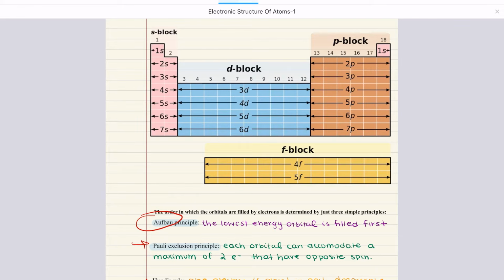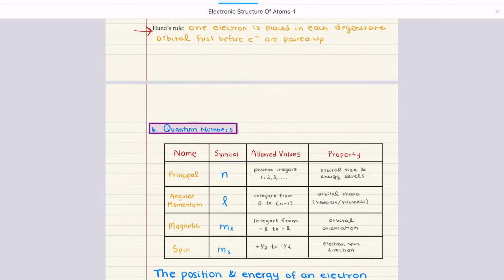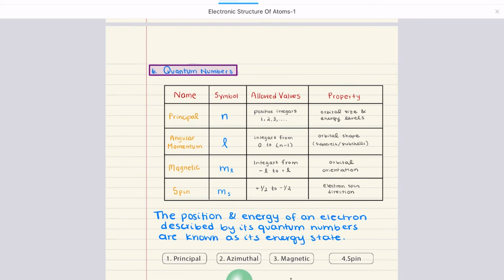But what we want to do now is move into our 6th objective and discuss the 4 quantum numbers: principal, angular momentum, magnetic, and spin. Let's start with the principal quantum number. This defines the size and energy level of the orbital where an electron is likely to be found.